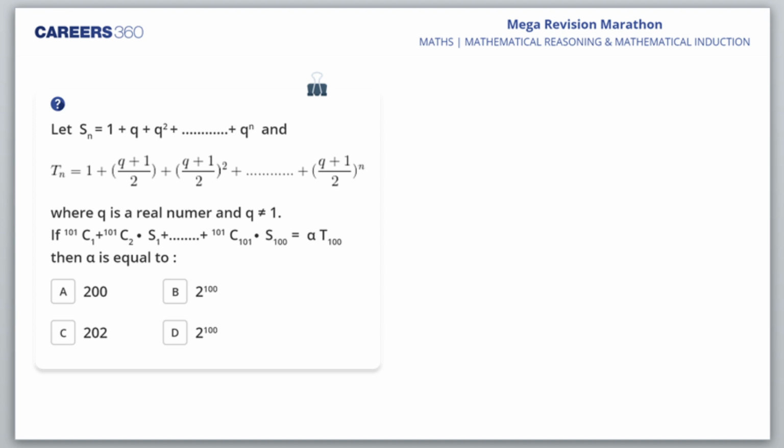So, how do we solve it? Ashashikar, option B and D are same. How? A is 200, B is 2 raised to power 100.